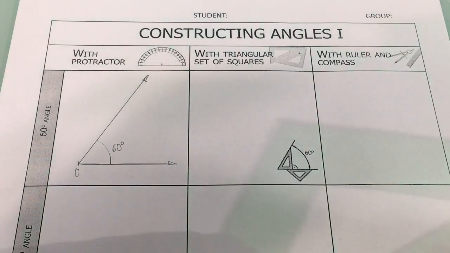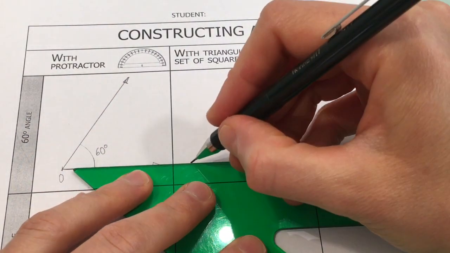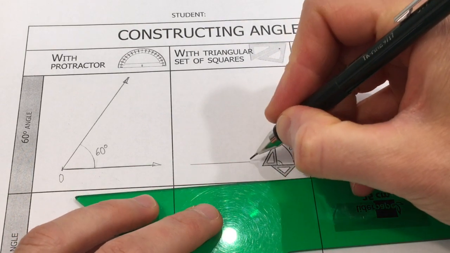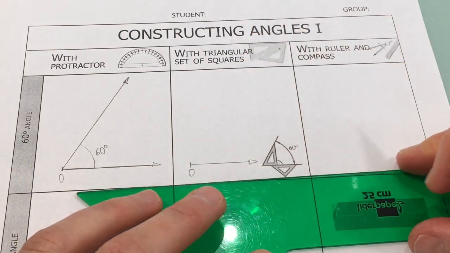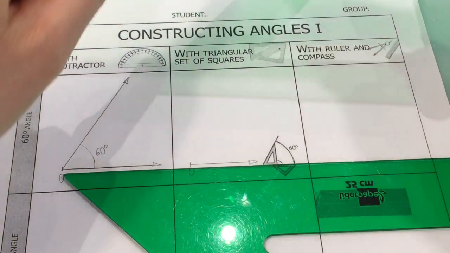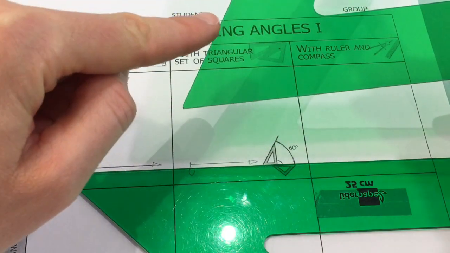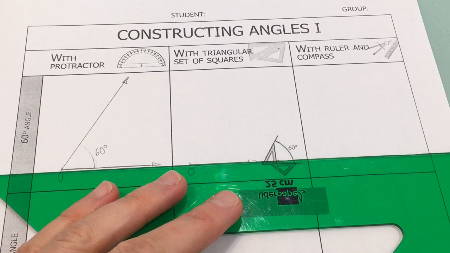To construct an angle of 60 degrees using the set of squares, we have to start making the ray and the vertex. Then, with a triangular set of squares in this position, that is, using the 60 degrees angle in the 30-60 degrees triangle, we will construct the angle of 60.